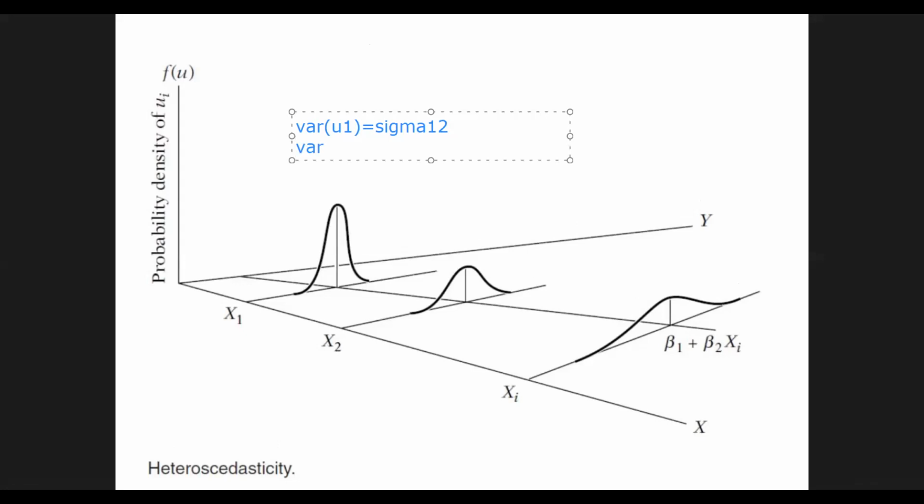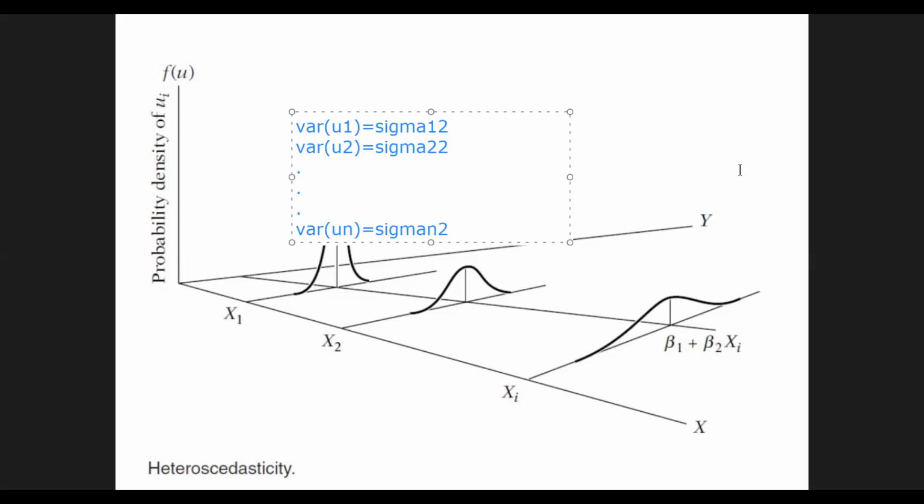Similarly, variance of u2 is equal to sigma 2 square, where 2 will be in subscript and square is the power, and so on. Variance of un will be equal to sigma n square, with sigma in Greek letters, n in subscript, and square in power.